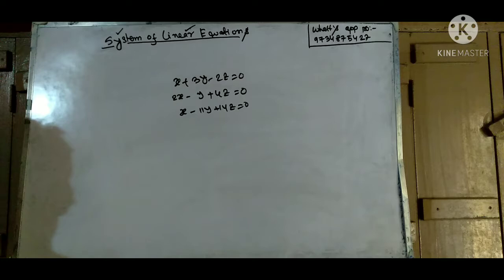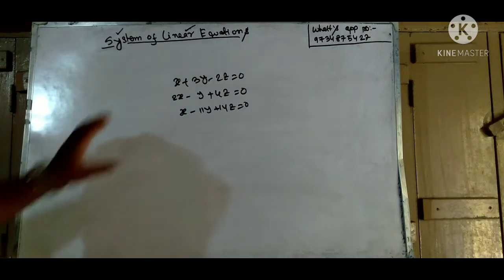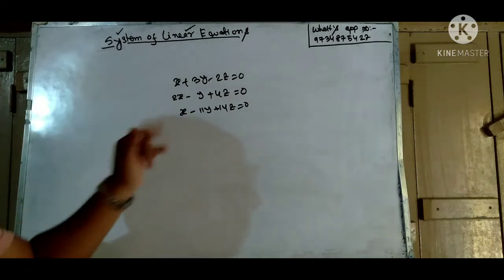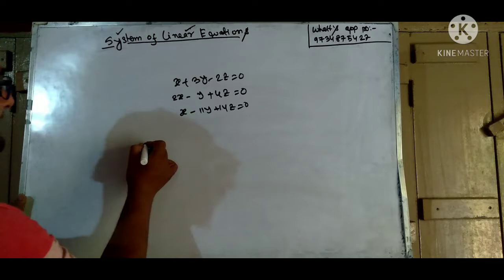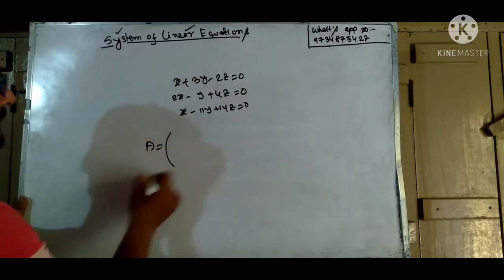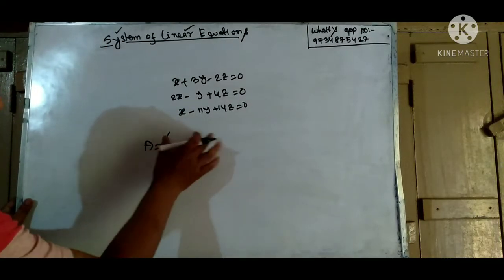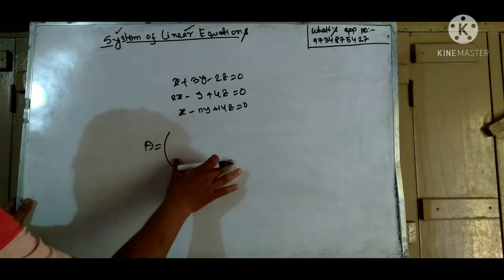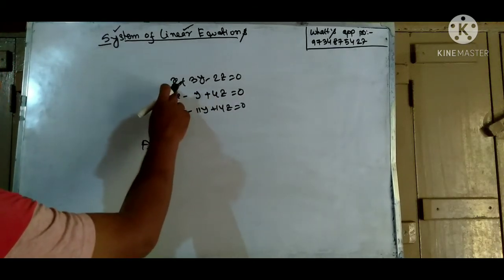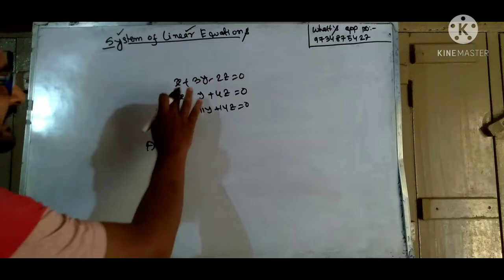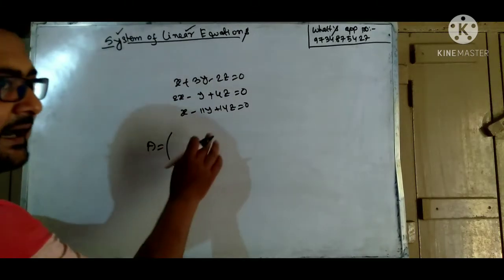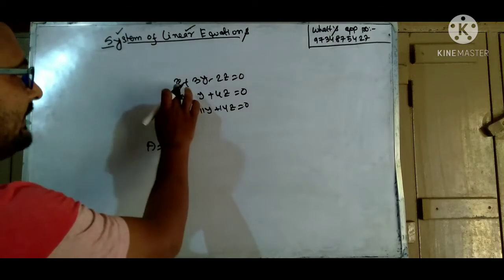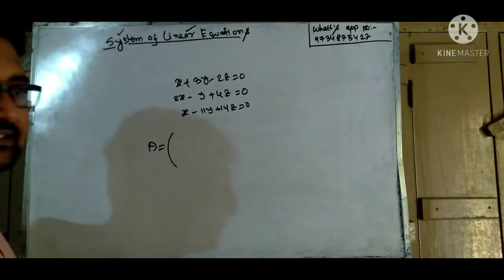Now, how to solve this system of linear equations? We will first represent the system in matrix form. Let us take A equals, we will write the elements of A as the coefficients of the equations.